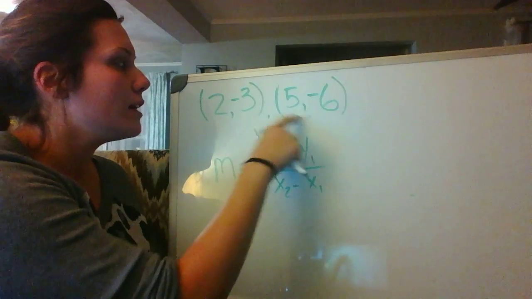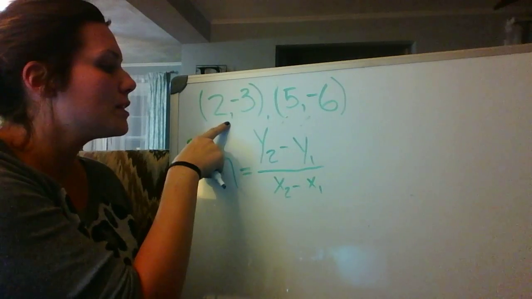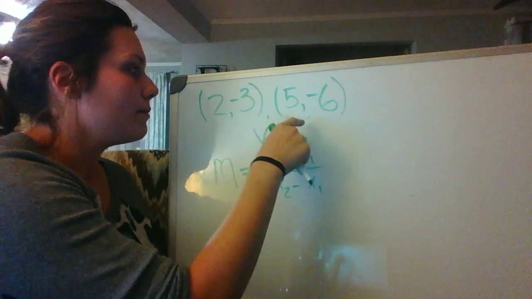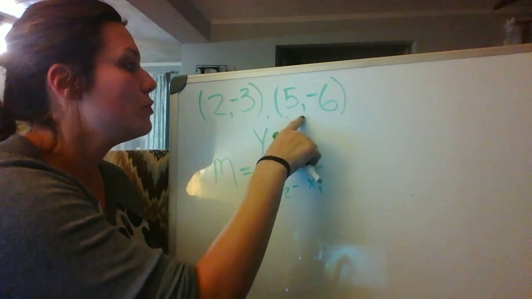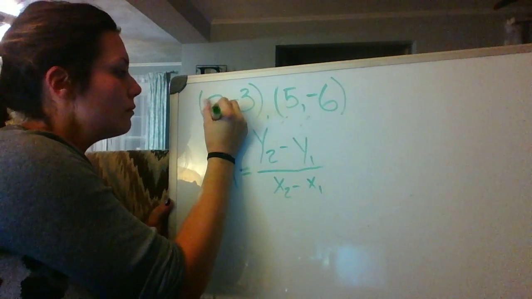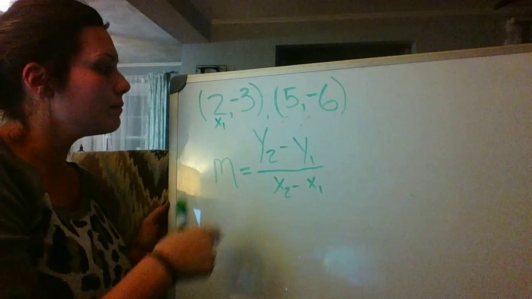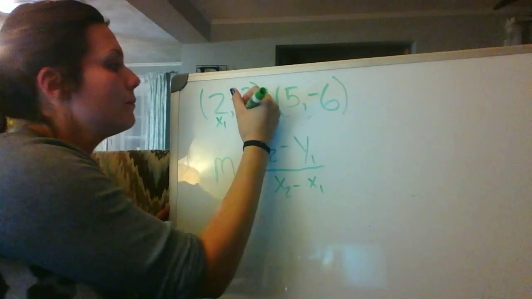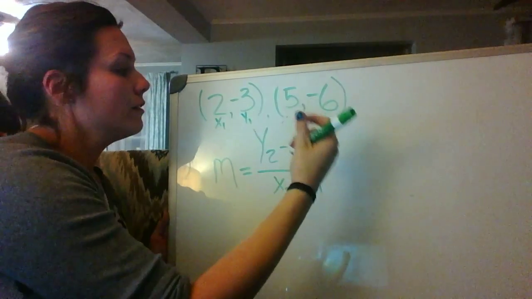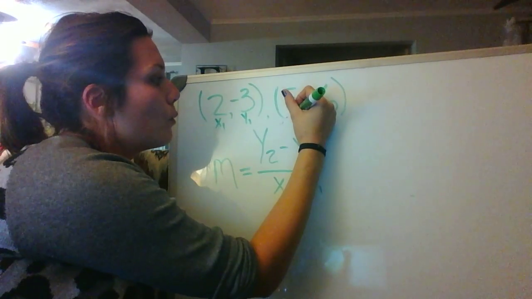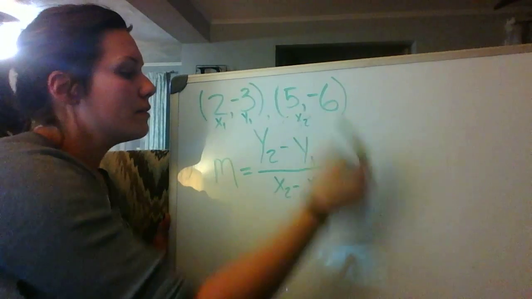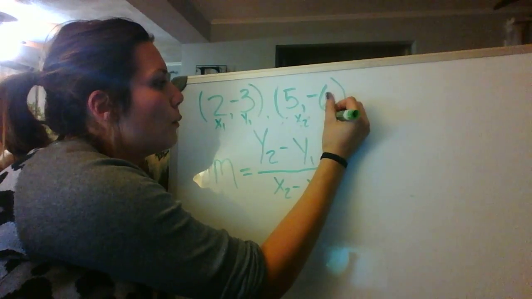I'm going to label these 2 points. So my first point is going to be my 1s, and my second point is going to be my 2s. So I'm going to go ahead and label the 2, x1, and the negative 3, y1. I'm going to go ahead and label my 5, x2, and my negative 6, y2.